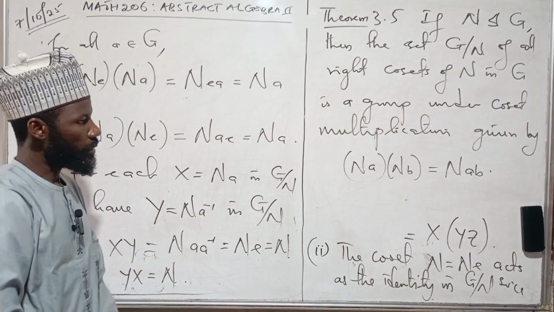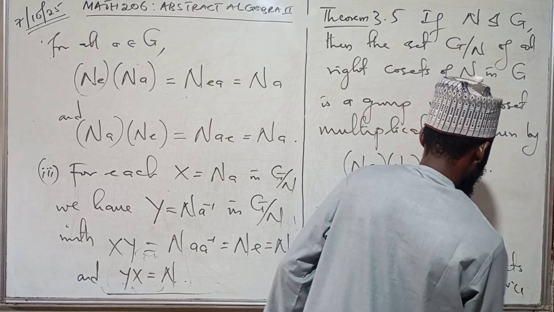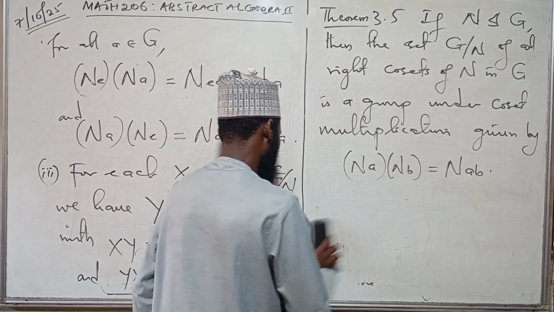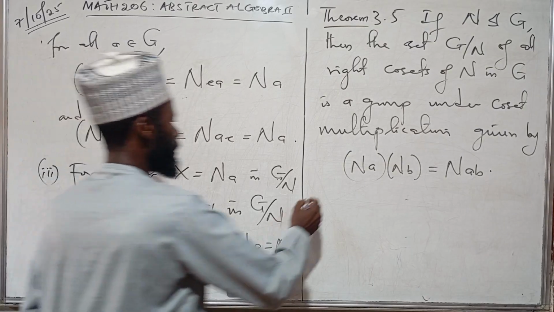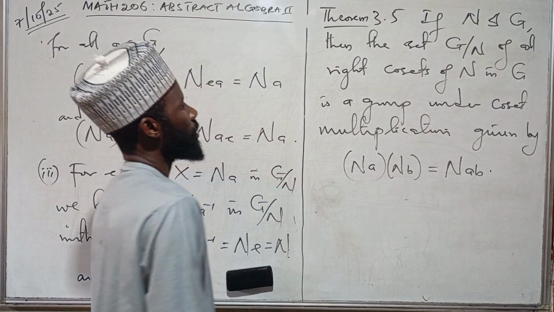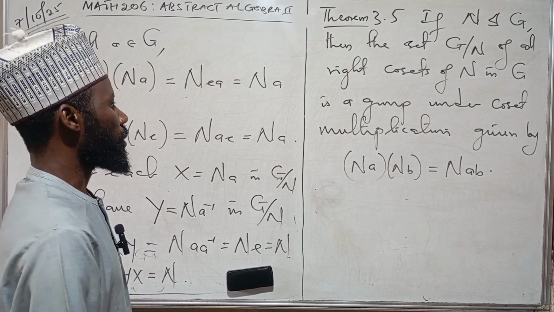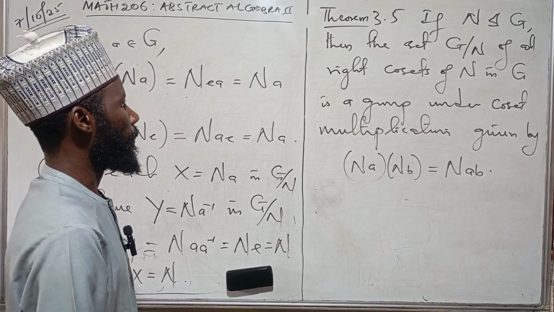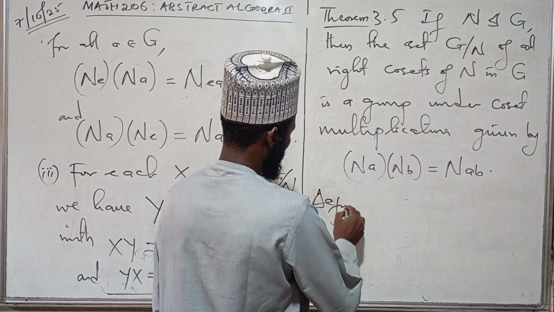Is that okay? So we now make progress. Maybe let me give you an example of this kind of thing. Well, the group has a name. It is called the quotient group. So let me just define it.